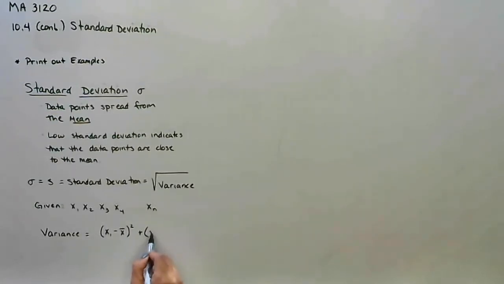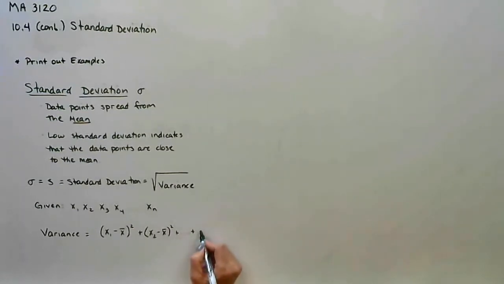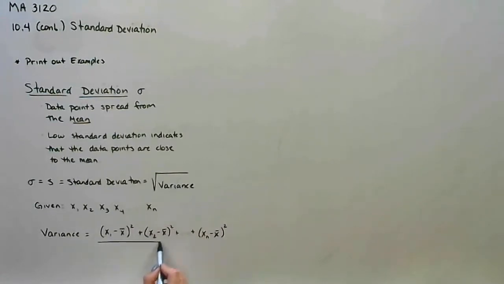Then take the next data point, subtract the mean, and square that. And you keep going for each individual data point until you get down to the last data point, subtract the mean, square that. Once you find all those individual numbers, then we divide by the total number of data points. Okay? So it takes a little bit of time.